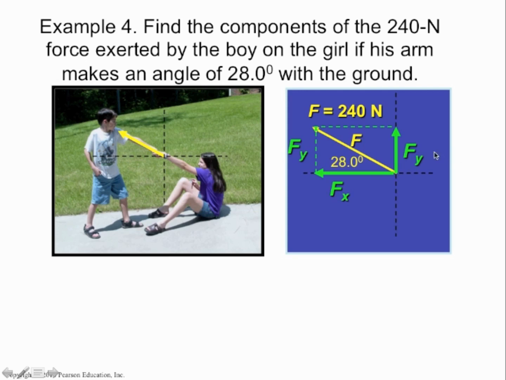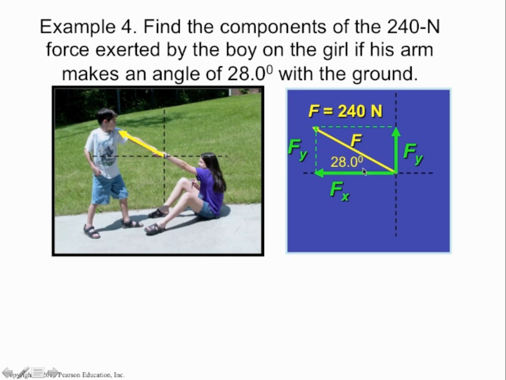And so notice that we have our Fy here, or our vertical component. It's completely interchangeable. You can draw the vertical component over here, or you can draw it over here. I actually think it's much more helpful to draw it over here on the left, because then you can visualize the right triangle much more easily.